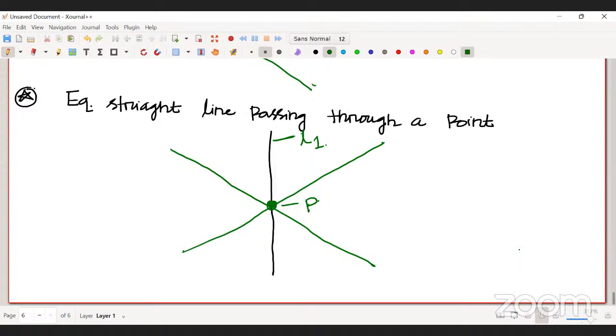Actually, we have to find the equation of the line which passes through the intersection of L1 and L2 and the origin.